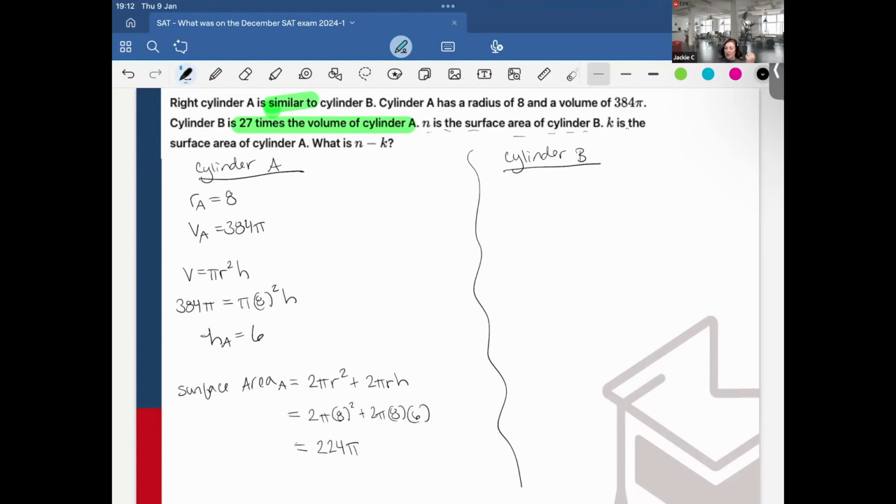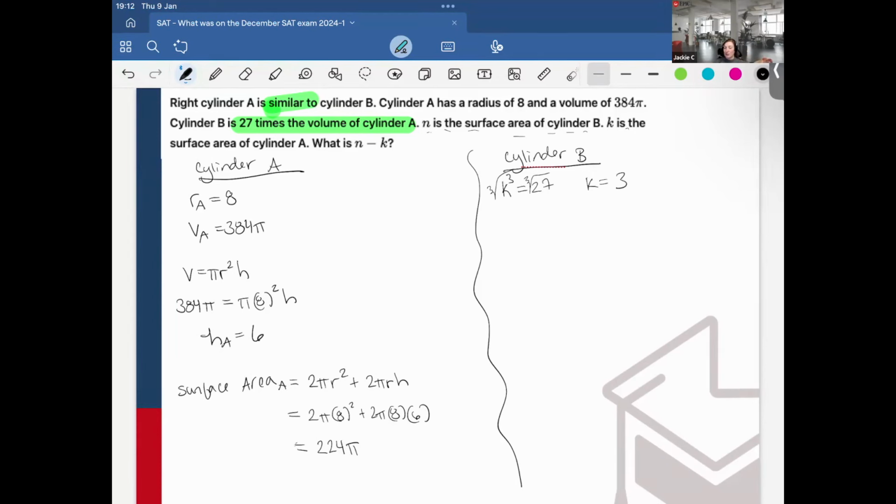So let's say there's some constant k, and the volume is 27 times. If we cube the scale factor, I can take the cube root of each side, and it's going to be 3. So k stands for my scale factor, which is 3.